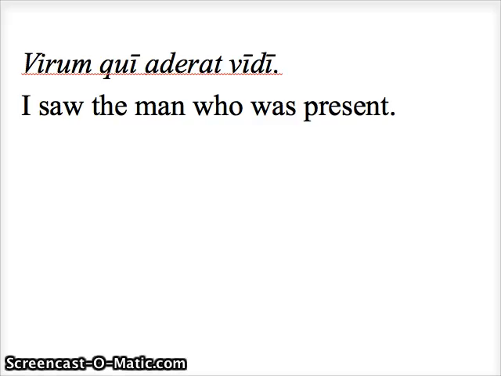Let's look at some examples. Virum qui aderat vidi. I saw the man who was present. Our relative clause here is qui aderat. Just as in English, it begins with a relative pronoun, and then we have a predicate, we have the verb, who was present.